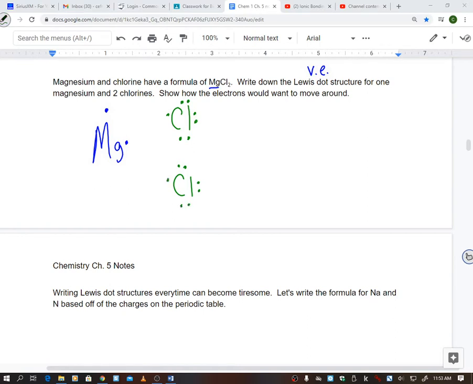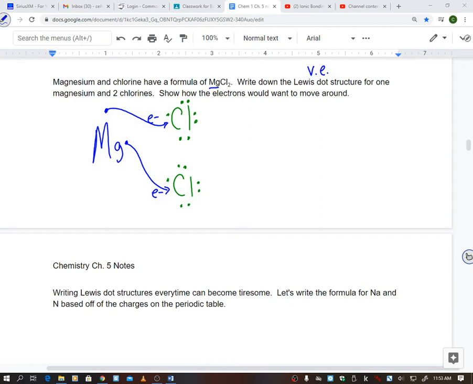So you can see what is going to happen here, how the electrons are going to move. You're going to have this electron go right here, and now chlorine is happy, but magnesium's not happy. That's why it needs another chlorine. It needs 2 chlorines to become stable. If it just has 1, it's not going to do it. It wants to get rid of both of the electrons.